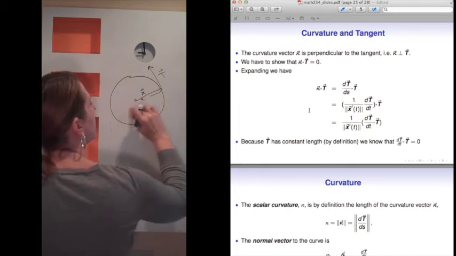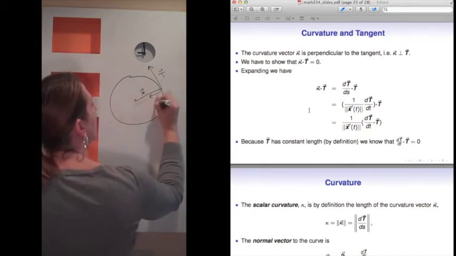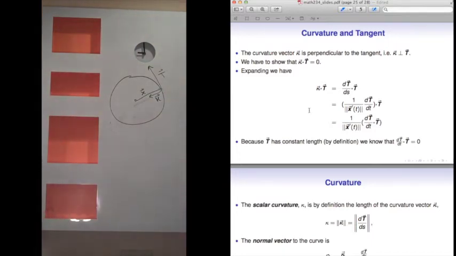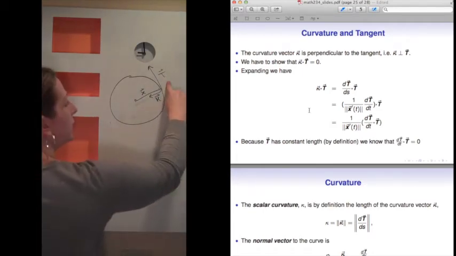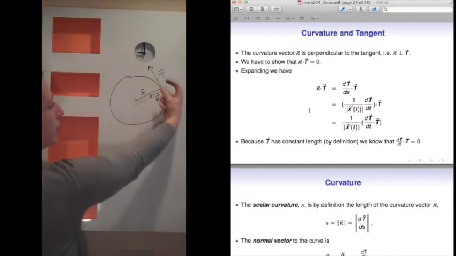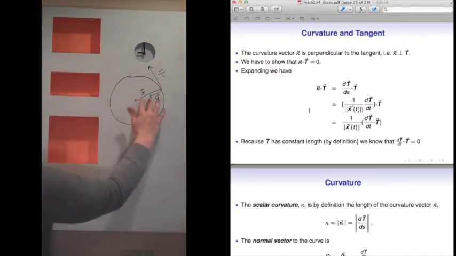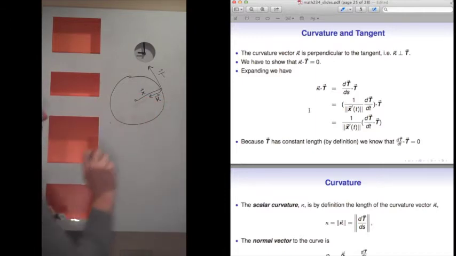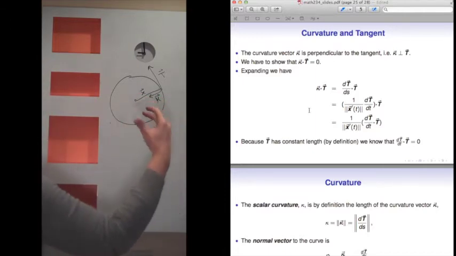Let me make it a different length. So that was my kappa. And you see very clearly in this picture, and it holds in 3D too, that the tangent vector and the curvature vector should be orthogonal. It's not always the case that the curvature vector goes in the same direction as the position vector, and we'll see a 3D case.